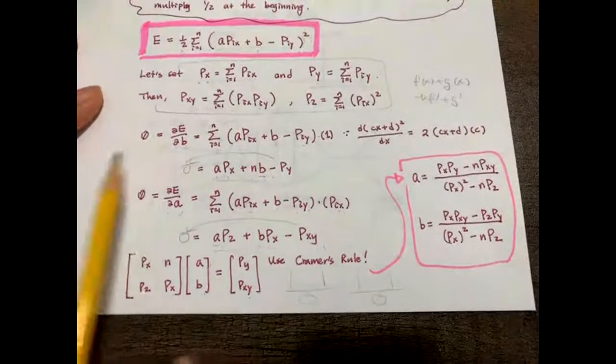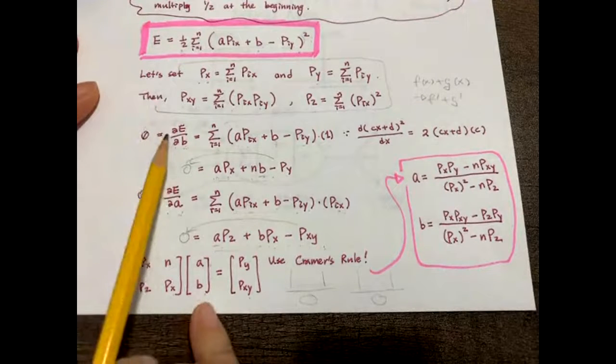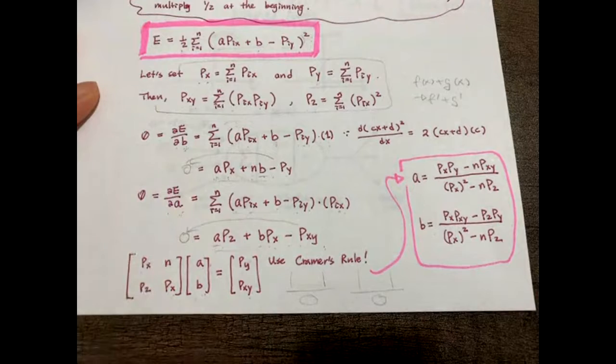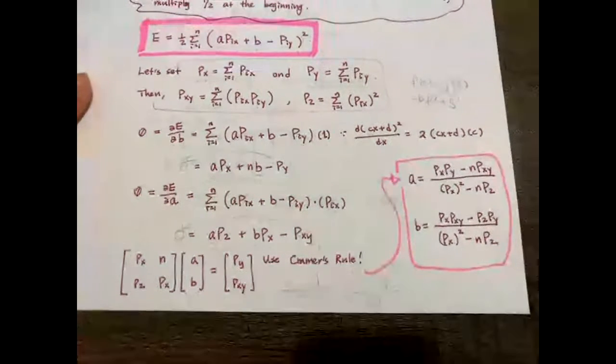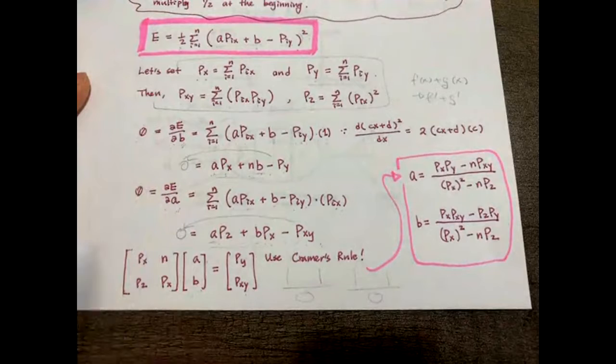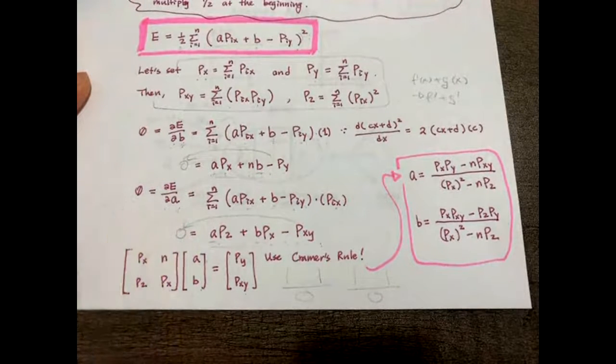Then we are going to get the partials. So partial E with respect to b, we want to finally get no error, so 0 vector. So we are going to set this partial as 0. Also, partial E with respect to a will be set as 0 too.